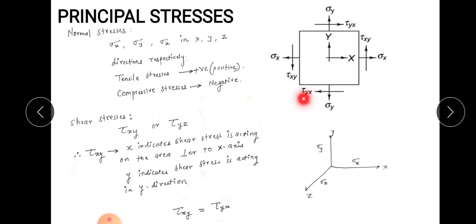So they are considered as negative. And this tau yx and tau yx are trying to rotate this element in the clockwise direction, so they are considered as positive. And sigma x is considered positive, that is tensile, and compressive is considered negative, which are plotted to the right side and the left side respectively.